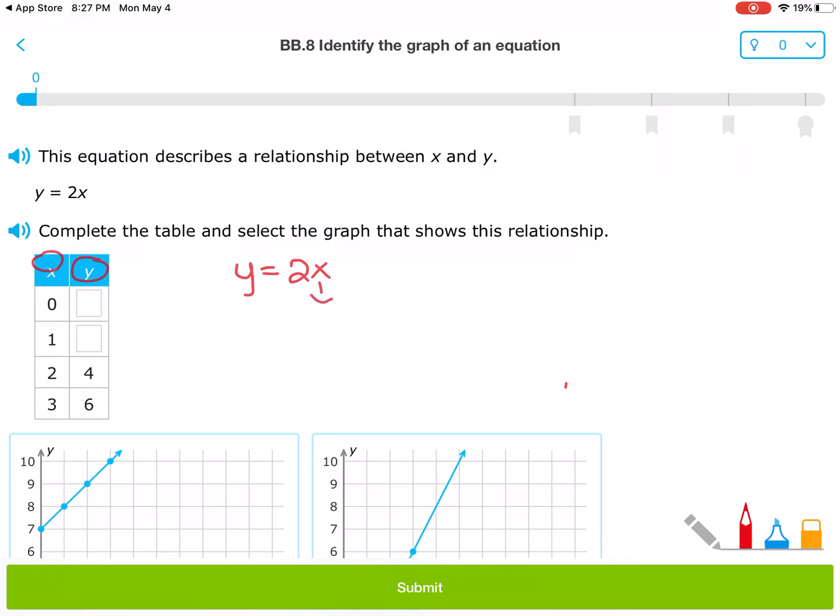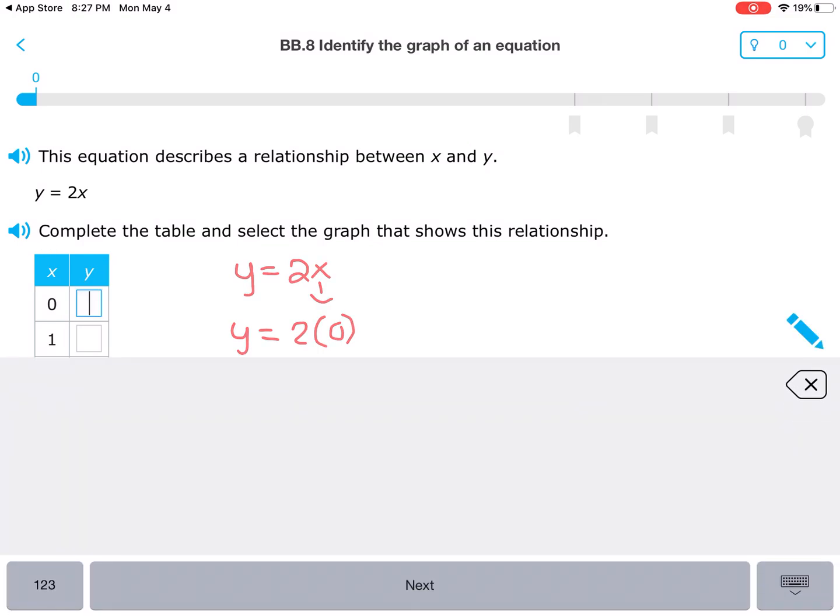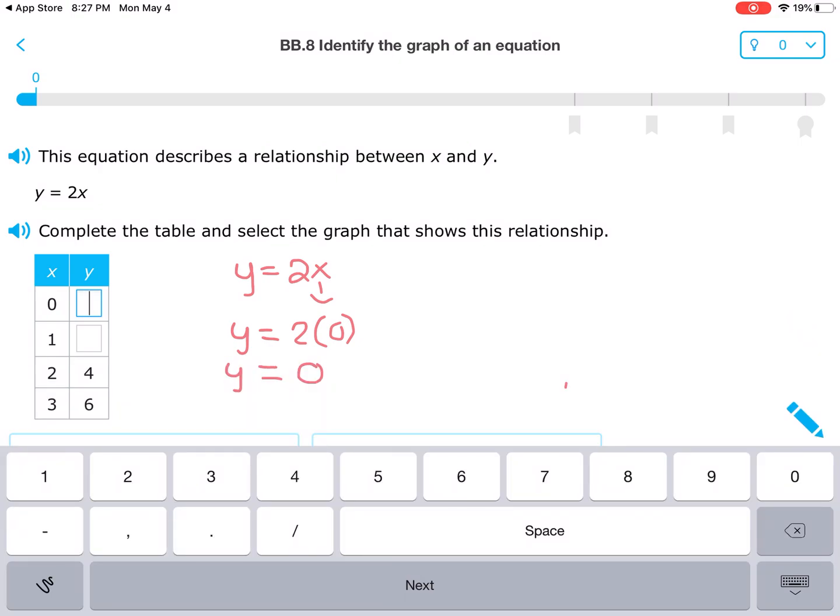So for the first one, we are replacing x with 0. So y equals 2 times 0. Well, 2 times 0 is 0. So that first box is going to have 0.